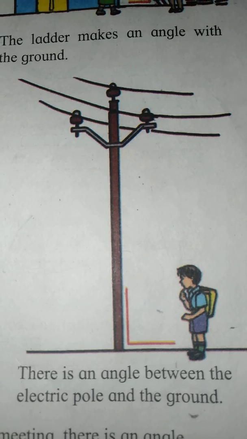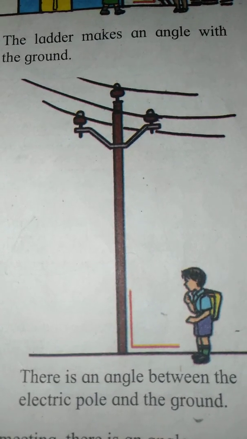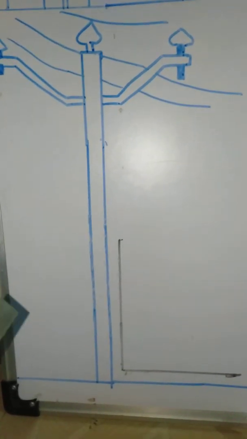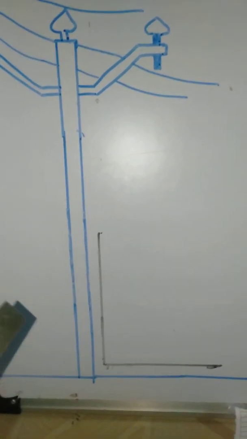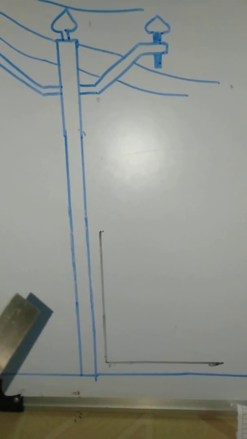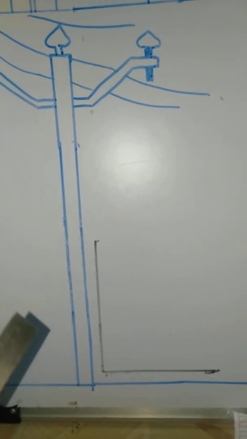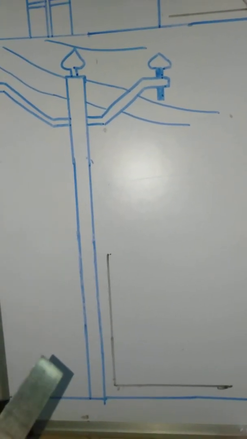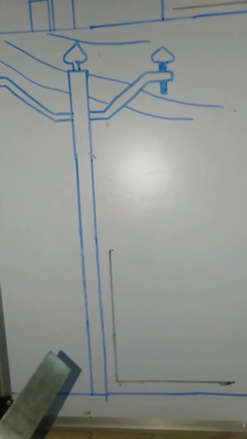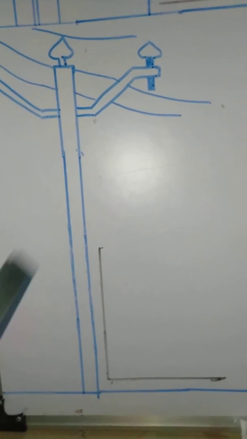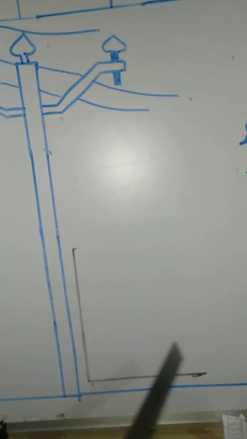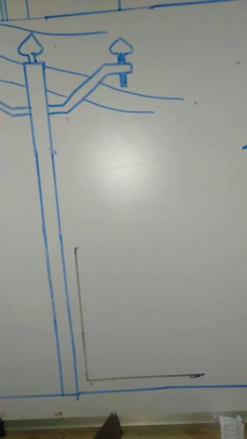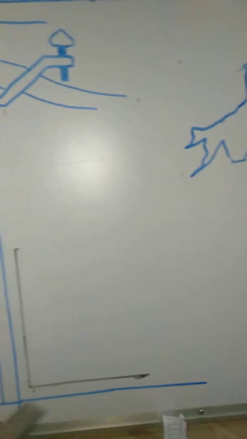Now I am going to explain this example with the help of the blackboard. What is this, students? This is the electrical pole. In your surroundings, you have seen this electrical pole. There is an angle between the electrical pole and the ground.